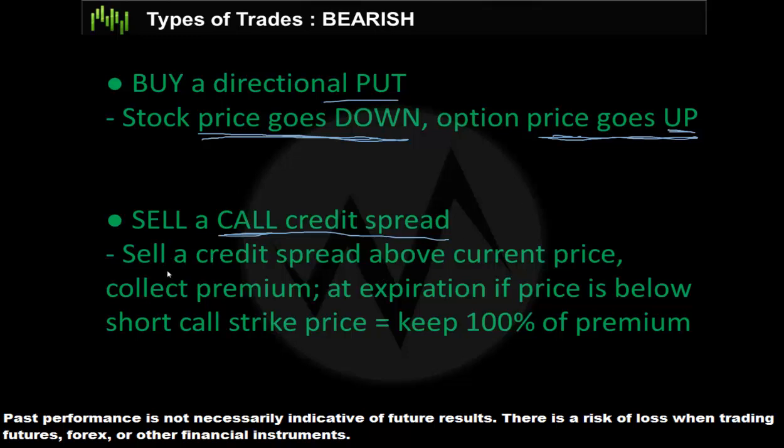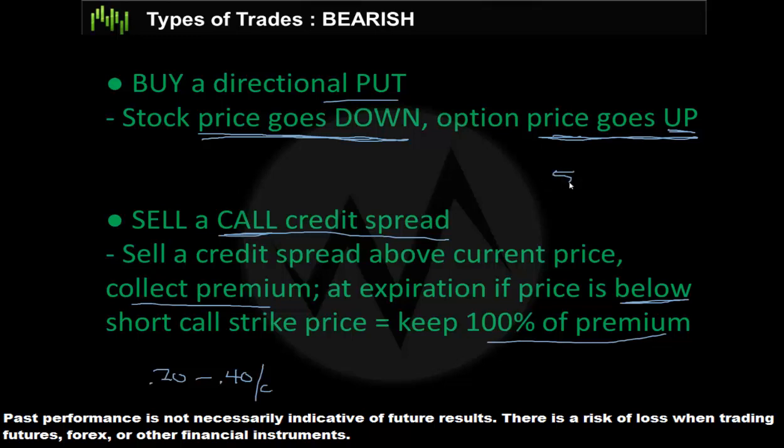Basically, again, we sell a credit spread above the current price and collect a premium. At expiration, if the price is below the short call strike price, we get to keep 100% of the premium. The parameters are basically the same, 20 cents to 40 cents per contract, which is again $20 to $40 a contract. Now in this example, let's say it's Amazon.